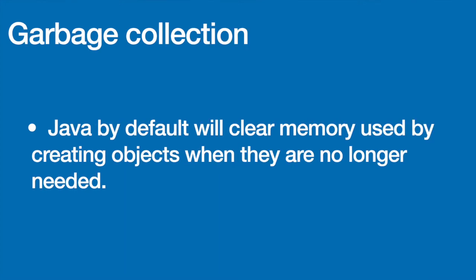One of the important concepts in Java class creation is garbage collection. Garbage collection is the dynamic or automatic clearing of memory by the Java virtual machine while the program is executing, when the class we have defined is no longer needed in the program execution.